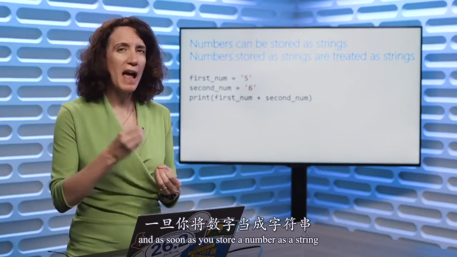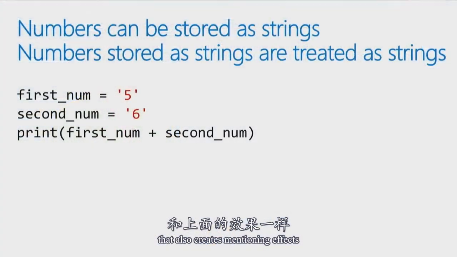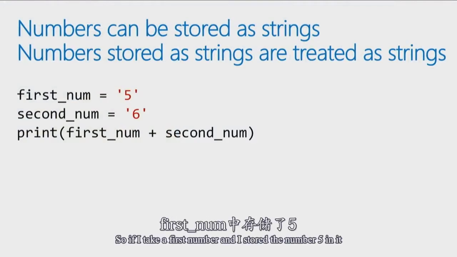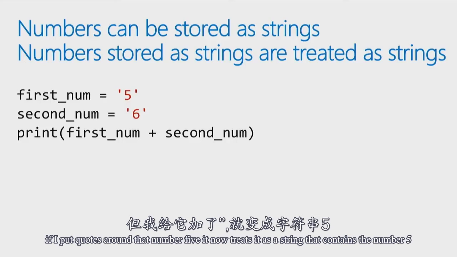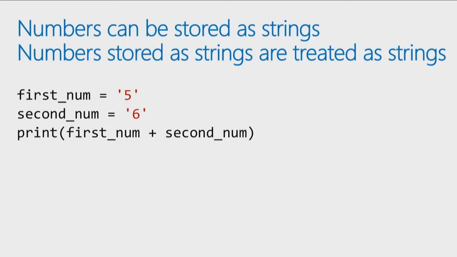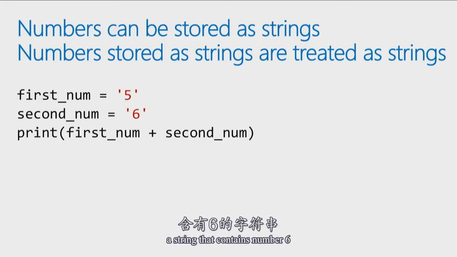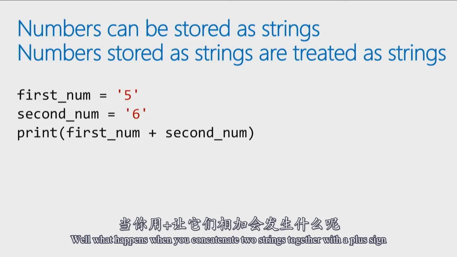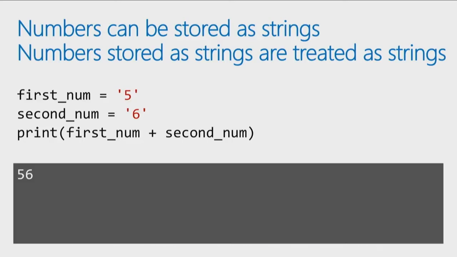And as soon as you store a number as a string, that also creates some interesting effects. So if I take a first number and I store the number 5 in it, and I put quotes around that number 5, it now treats it as a string that contains the number 5. And the second number is equal to 6, a string that contains the number 6. Well, what happens when you concatenate two strings together with a plus sign? It puts the two strings together, so I get 56.